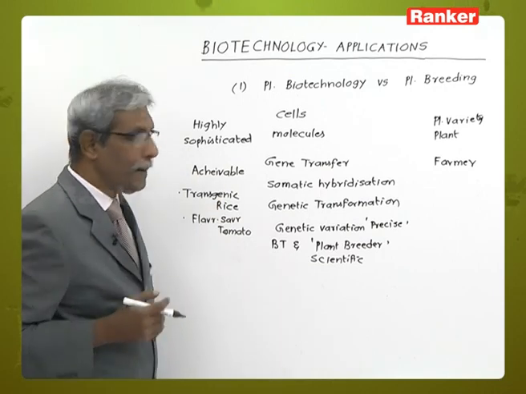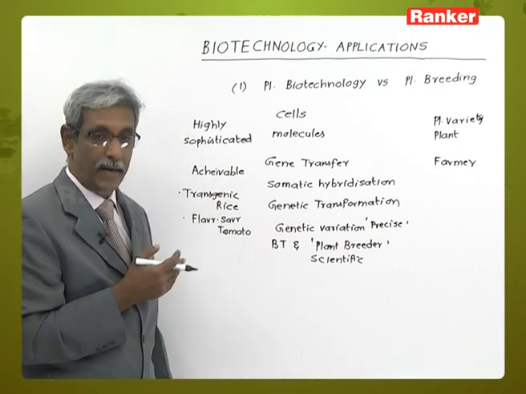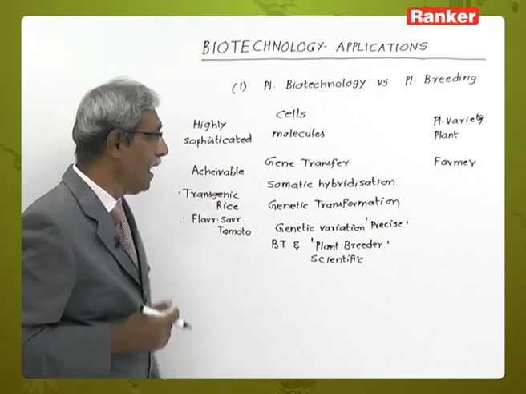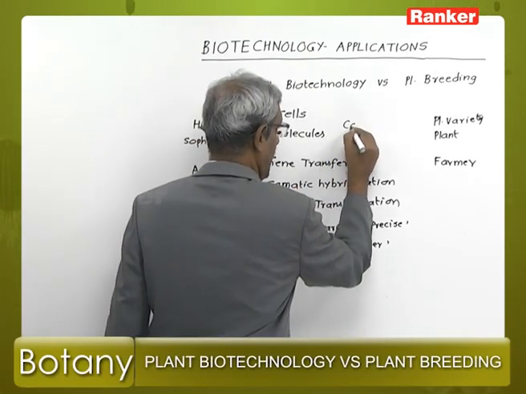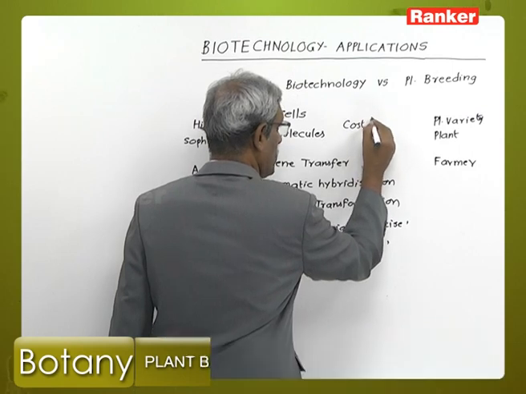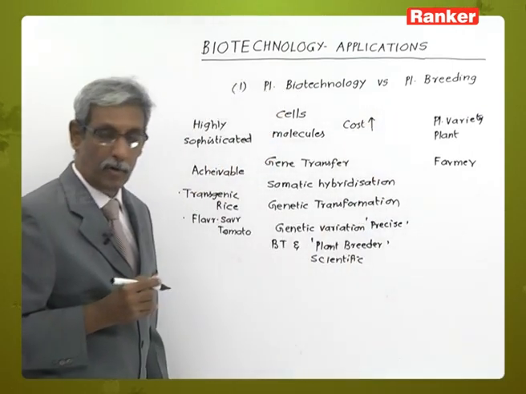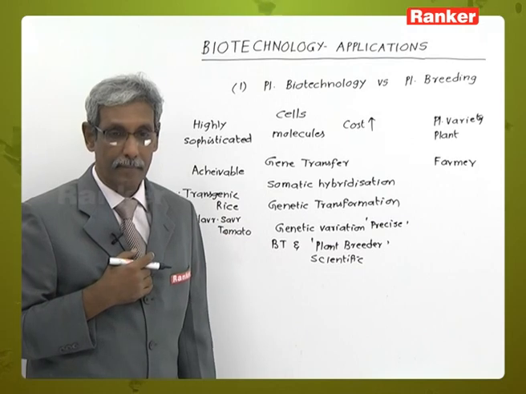While plant breeding can be done for all crops and varieties, biotechnology is very, very specific, and because of the sophistication, the product cost is very, very high.